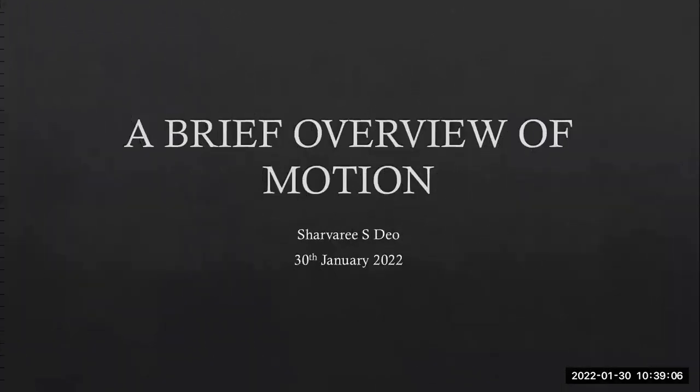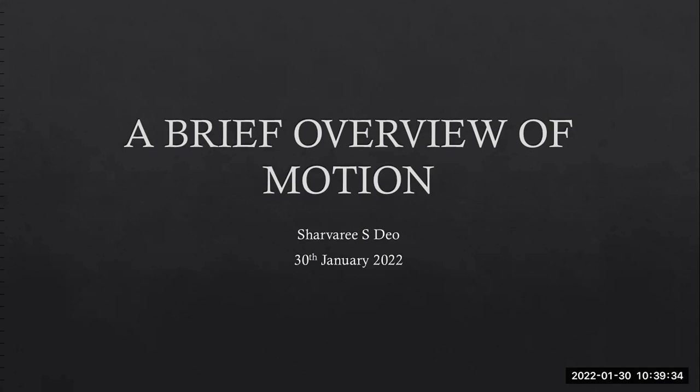If you have gone through the chapter, it opens with an introduction to what is meant by motion. Then, gradually, you are introduced to different terms that are mainly used in this chapter, for example distance, displacement, velocity, speed, acceleration.